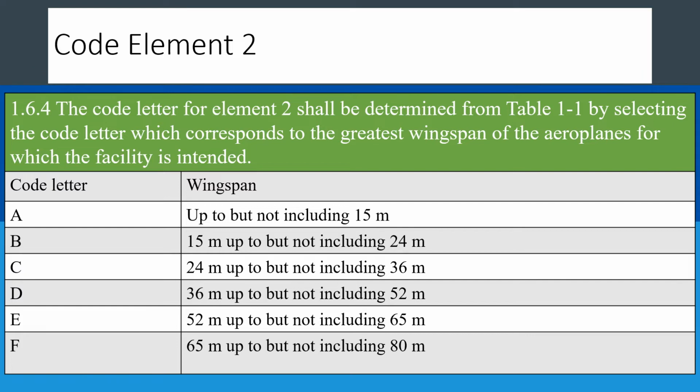If the aircraft wingspan is between 24 meters up to but not including 36 meters, then you are looking at a code C aircraft.